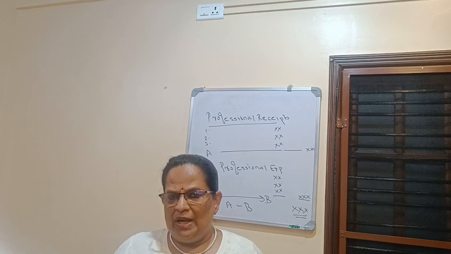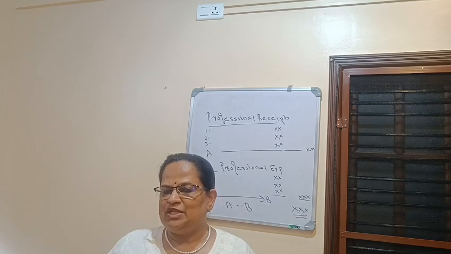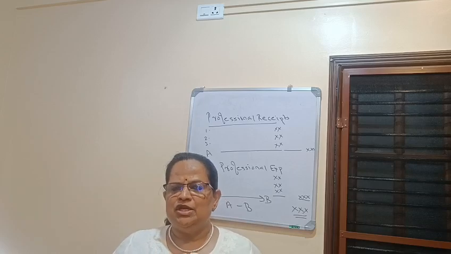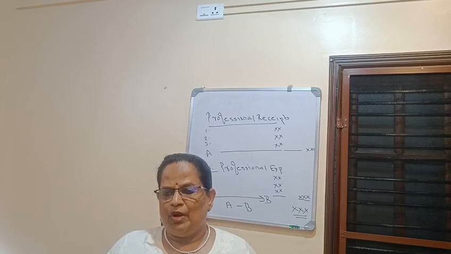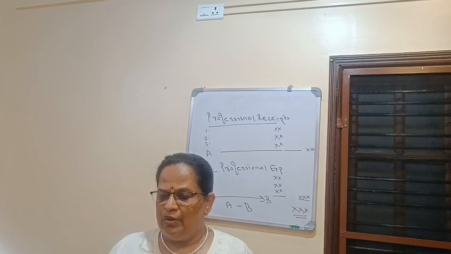Now, allowable expenses under section 30 to 37 and not allowable expenses for computing professional income. I am giving the list of items, so it will help you to do the problems in an easy manner. Only expenses incurred wholly and exclusively for the profession are allowed.